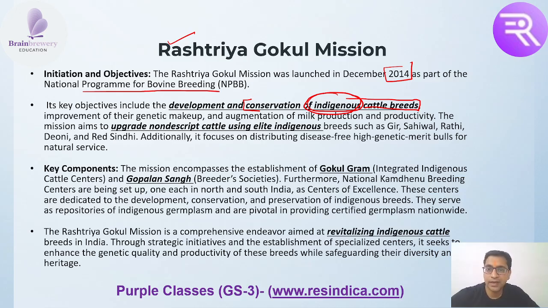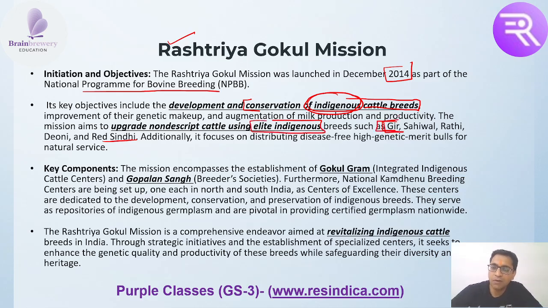And then, what types of cattle are we having? Gir is there, Sahiwal is there, Rathi is there, Tharparkar is there, Red Sindhi is there. This mission is especially focusing on upgradation of our cattle using elite indigenous breeds.